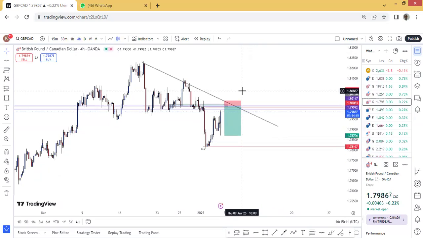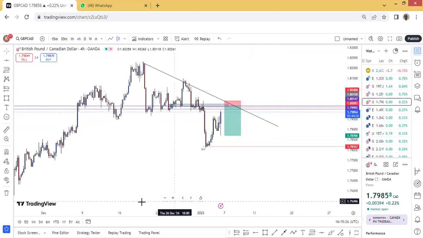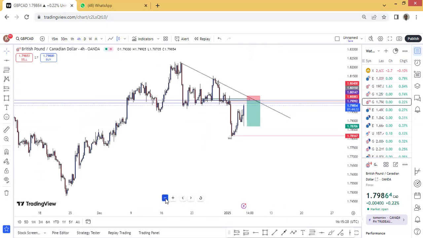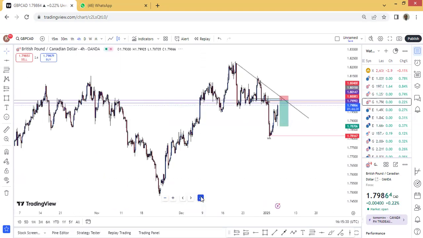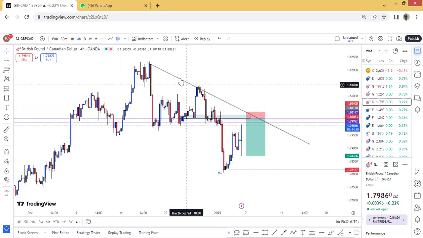Although there is a strategy for that, where the Asian session can help you with your entries, especially when you are trading Euro USD. I have strategies for various pairs, but this strategy is for every pair. You can use this strategy for every pair.